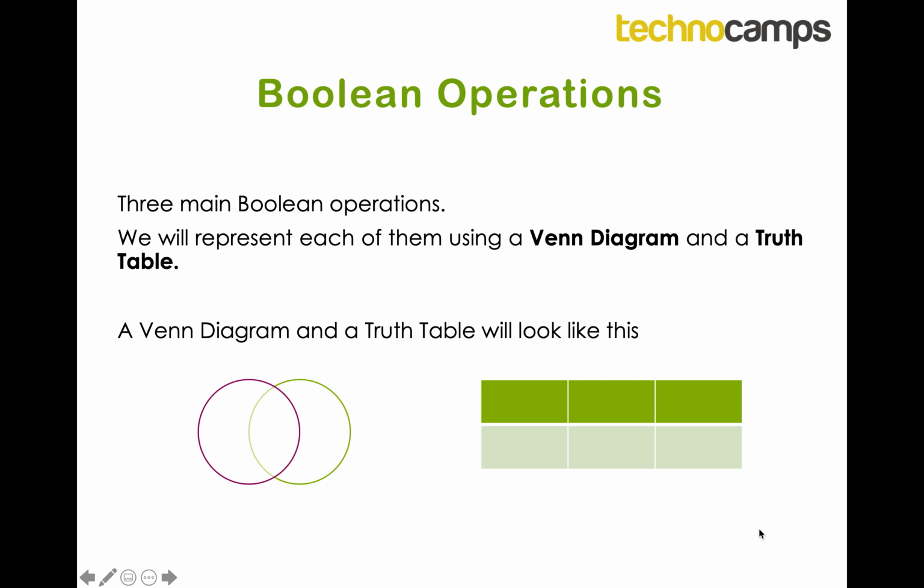So why have I intersected it? We'll talk about it in the next slides. But if you want to remember what Venn diagrams usually look like, take two rings out of the Olympic symbol and represent it. It doesn't have to be in a particular color. The color is only for you to understand the concepts here. And the table is exactly what it says. It's a truth table, so that means you'll have the values true or false in them.